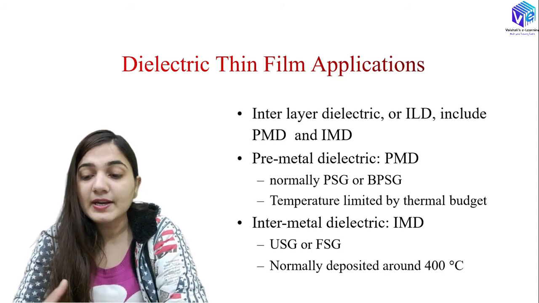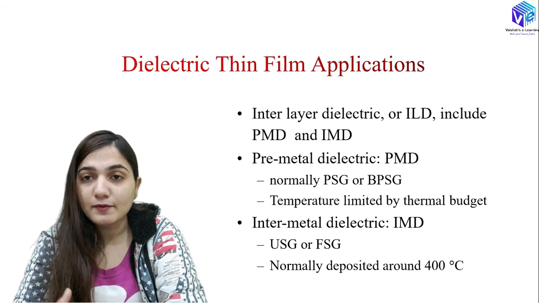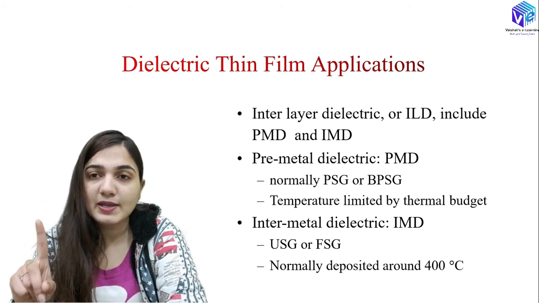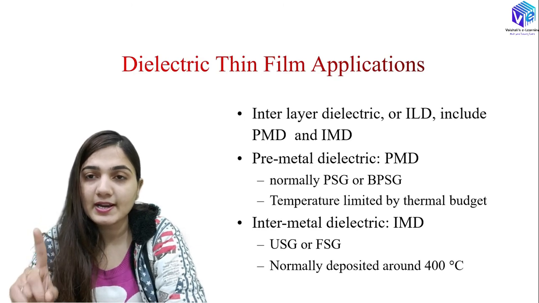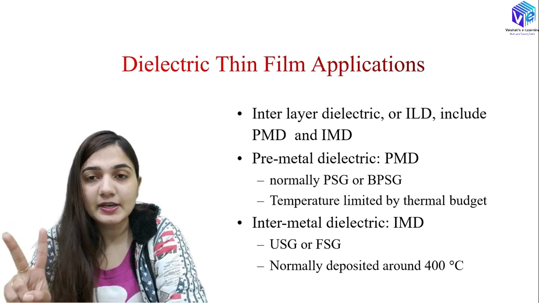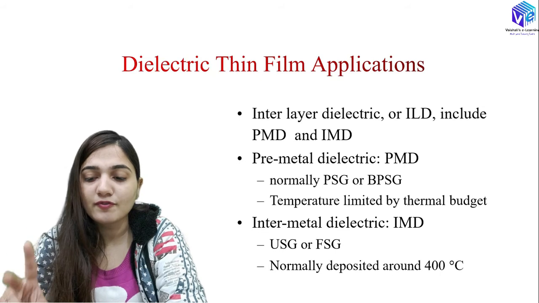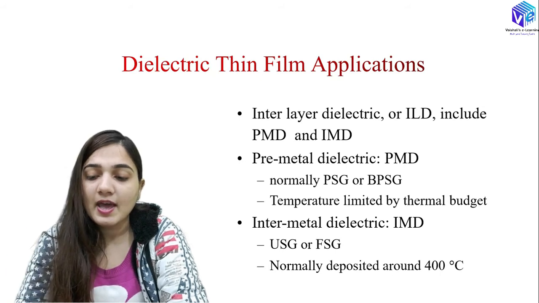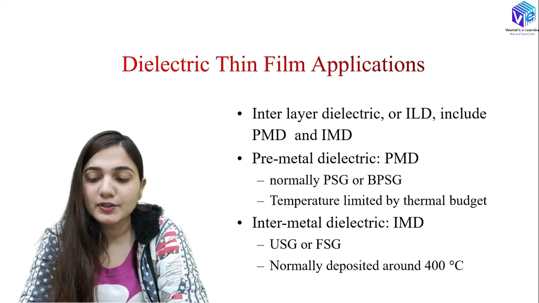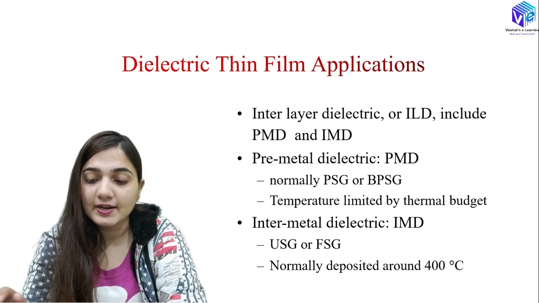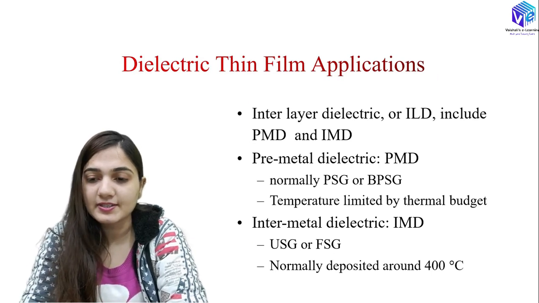We can form the intermetal dielectric as well, which is IMD. Okay, I said that ILD is composed of PMD, which is pre-metal dielectric, plus IMD, intermetal dielectric, which is formed of undoped silicate glass and the FSG. So now it is normally deposited at a higher temperature, which is 400 degrees Celsius.